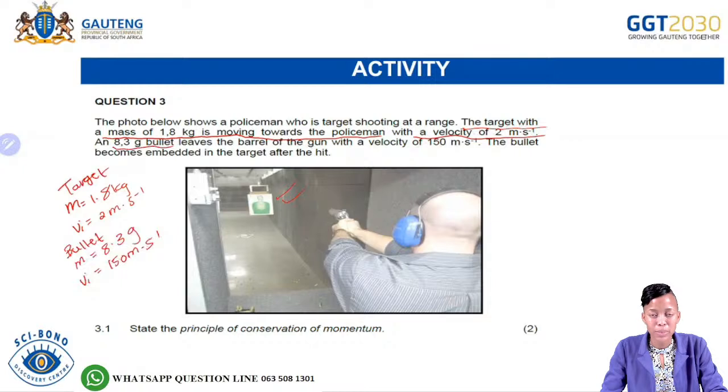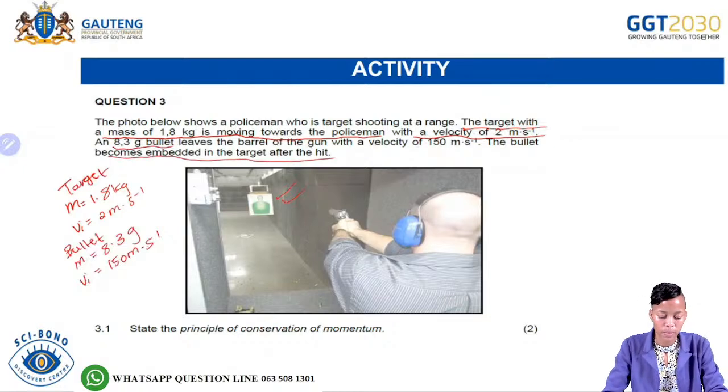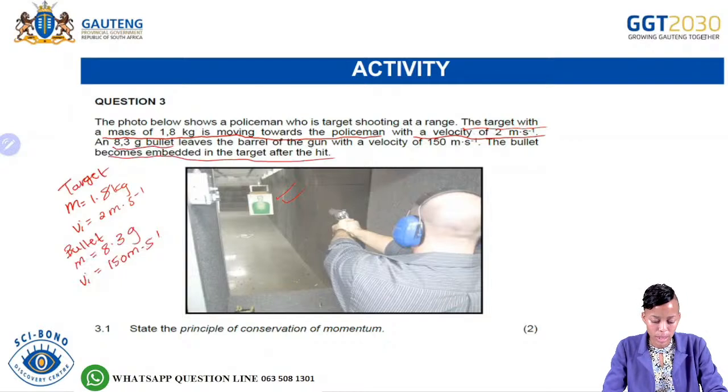Then it says the bullet becomes embedded in the target after the hit. Okay. So looking at the data here, we have the mass of the target, we have the initial velocity of the target, and then remember we need to decide on the direction.